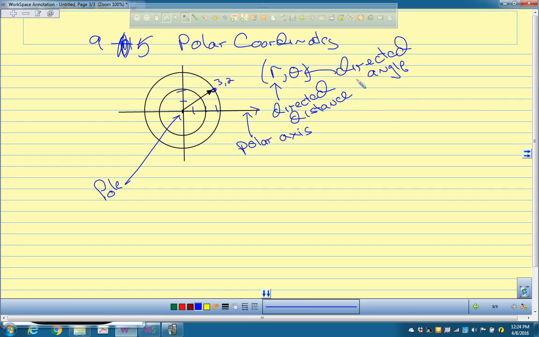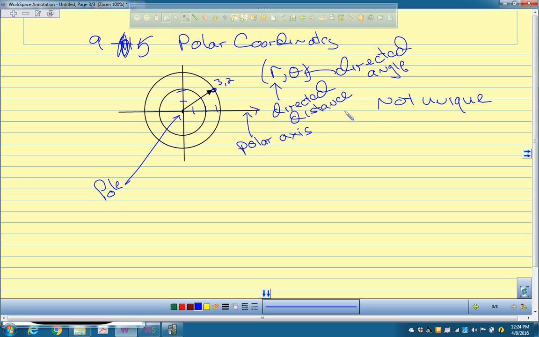So polar coordinates are not unique, whereas rectangular coordinates are unique. In the rectangular coordinate system, there's only one way to get to (3, 2). But with polar coordinates, there's more than one way to get there. It's like Google Maps.